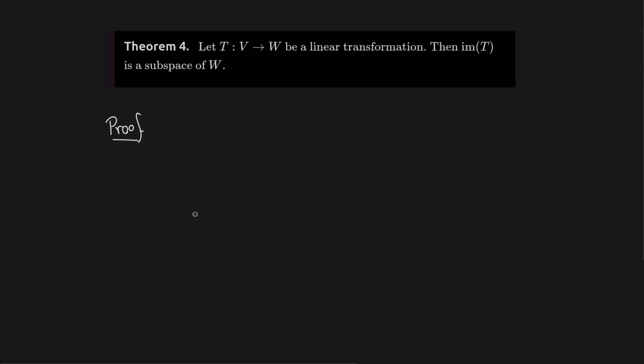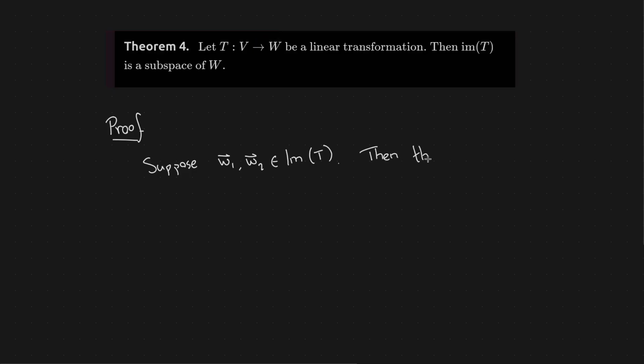Okay, suppose we have two vectors in the image of T. In order to be in the image of T, that means there must be some vector V that when we apply T to it, and go into W, it gets us to that vector.